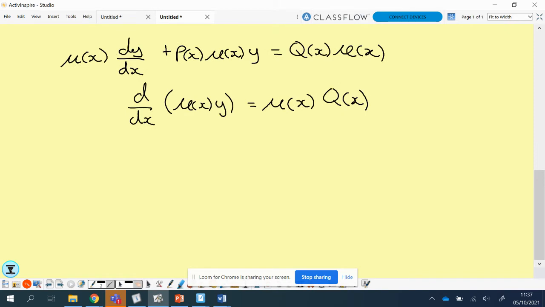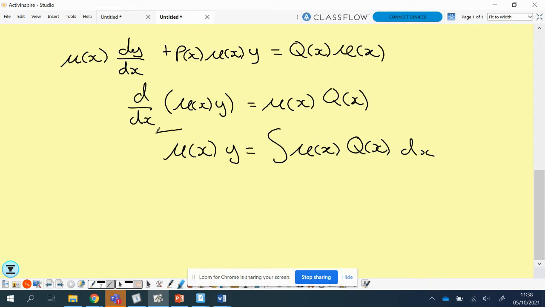Because we want to solve for y, if we integrate both sides, we're going to get mu of x y. Let me try that again. Mu of x y equals the integral of mu of x q of x dx.